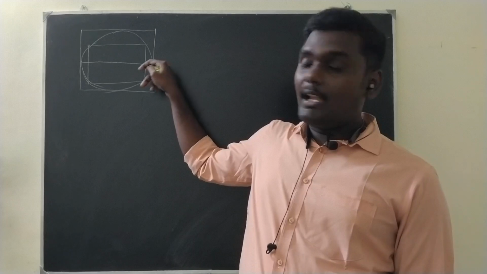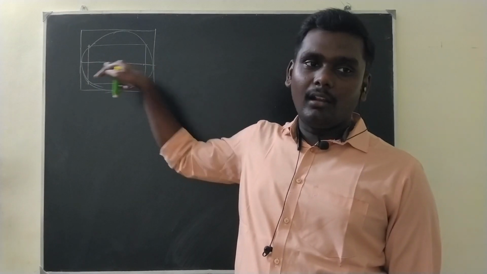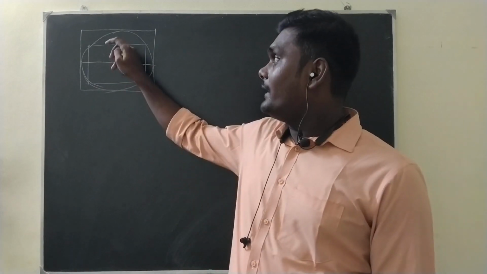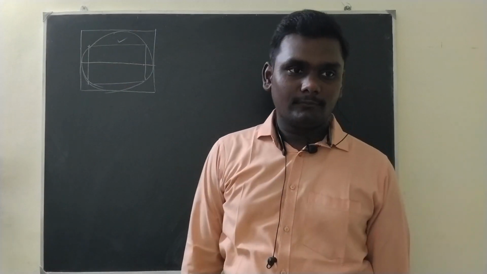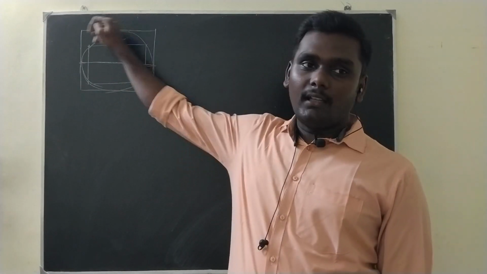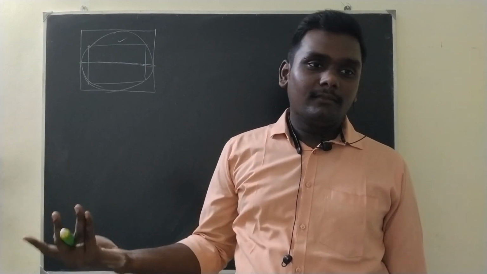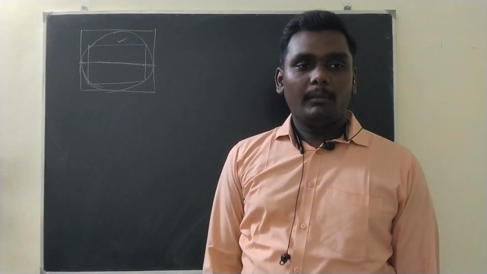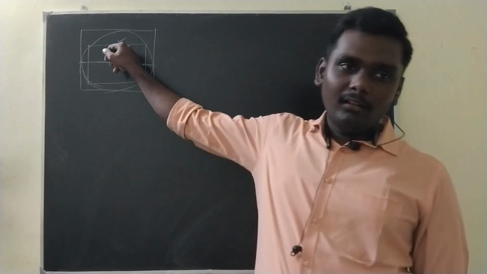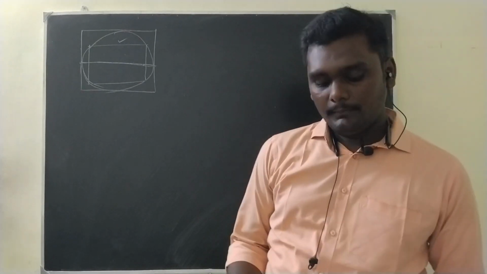And the diameter is the largest possible line that can be drawn between any two points of the circle. All the other lines are smaller than that. So this diameter is nothing but the side of a square, right? So bigger side, bigger perimeter. All the other lines are smaller, so the smaller square has a smaller perimeter.